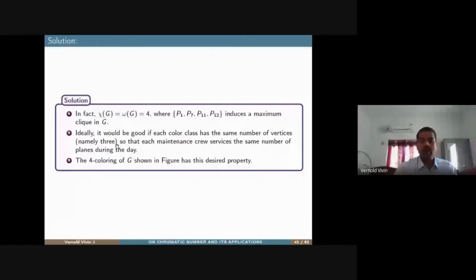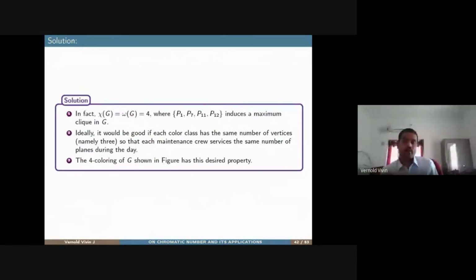Each and every service station will have 3 planes serviced at that particular time. Ideally it will be good if each color class has the same number of vertices, namely 3, so that each maintenance crew services the same number of planes during the day. All the service crews will get 3 planes out of those 12.